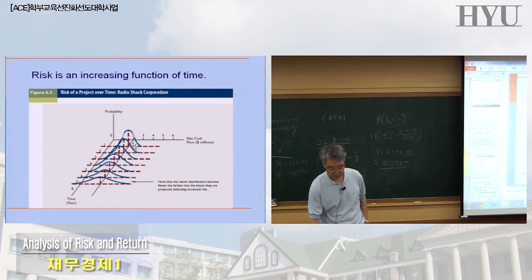You can make a little more than 2 million or a little less than 2 million, right? So we have this distribution of possible cash flow amounts. Okay? You understand?